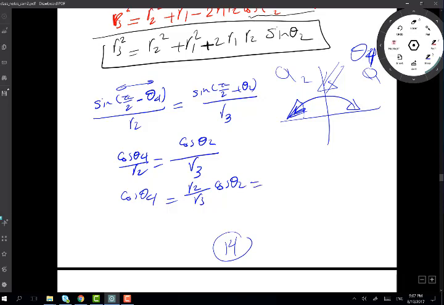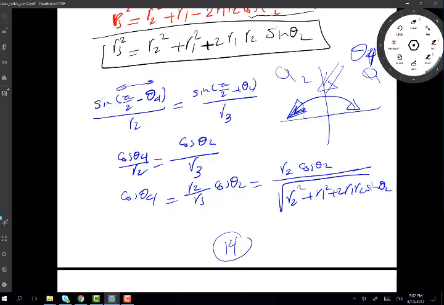If you want to expand this, you can go to R2 cosine theta 2 over R3, which is R2 squared plus R1 squared plus 2 R1 R2 sine theta 2. So that's a nice closed form function which calculates theta 4 as a function of theta 2.